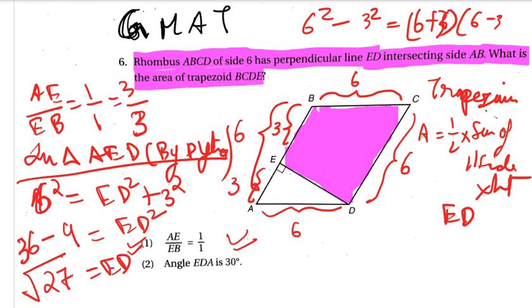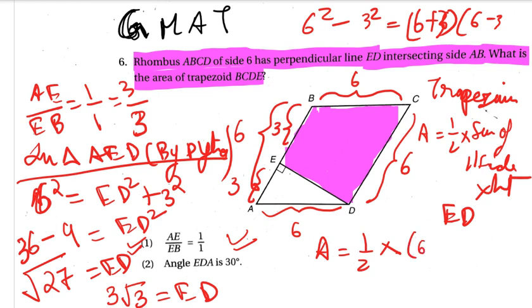You can split this. This becomes 9 3s are 27. So 9 comes out as a 3 out of the root sign, and the 3 is left. So that is my ED. Now let's find the area. So the area is equals to half into sum of the two parallel sides, that is 6 plus 3, into the height, that is 3 root 3.